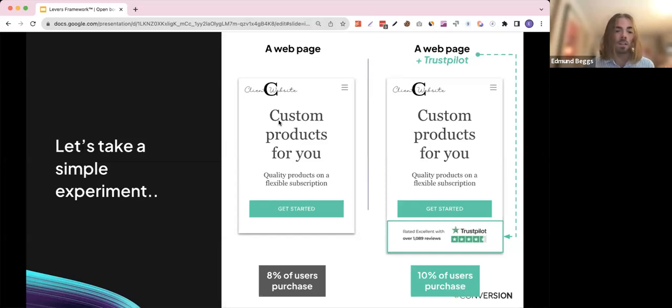A nice way to do this is to take a really simple experiment. It's an adapted toy version of a real experiment that was run, probably a very familiar kind of change to a lot of you. On the left-hand side, we have the top hero section of a homepage for a subscription company. On the right-hand side, you can see an amended version of this page where we've added the Trustpilot logo along with the good Trustpilot rating.